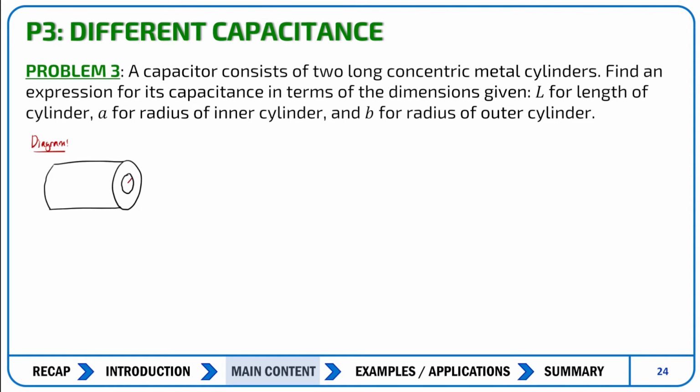This is going to be A, and then this is going to be B. And there is going to be a length L. And there is line symmetry to this, so we can use the electric field for line symmetry.